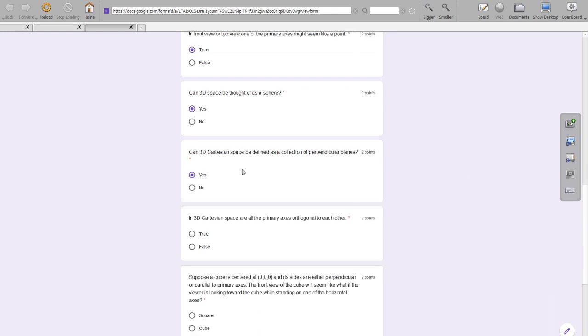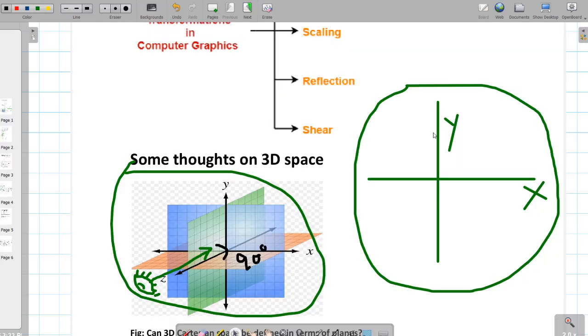In 3D Cartesian space, are all the primary axes orthogonal to each other? Orthogonal means the angle between the lines will have to be 90 degrees. So two lines x and y will be orthogonal to one another if the angle between the lines is 90 degrees.